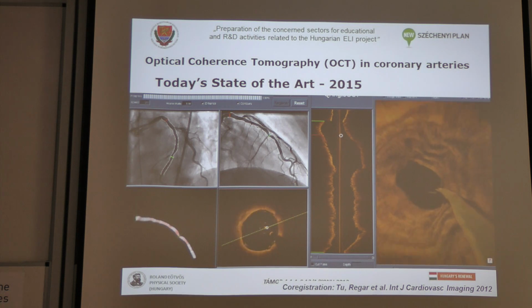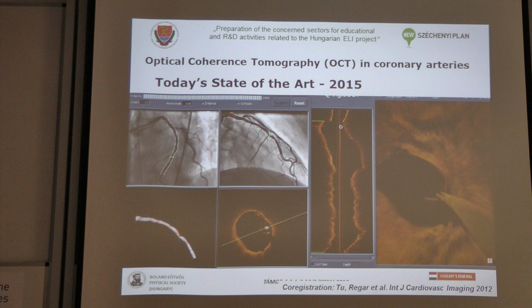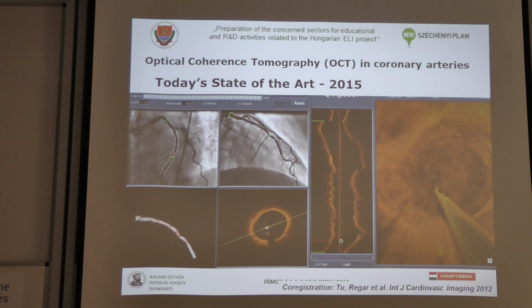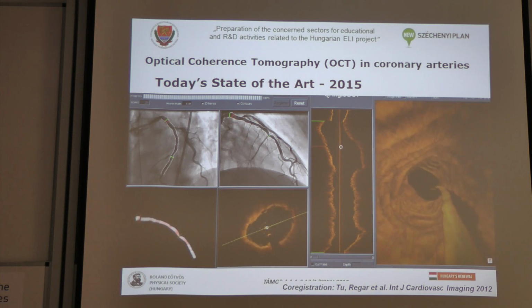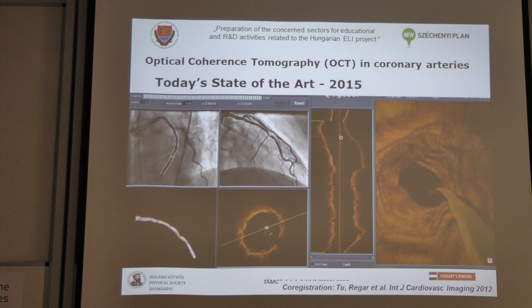So this is originally not real three-dimensional information, but if we couple it with the angio, if we do it simultaneously in 2 different angles, we call it projections, then a real three-dimensional lumen, and also some wall information, we can extract from this OCT examination.